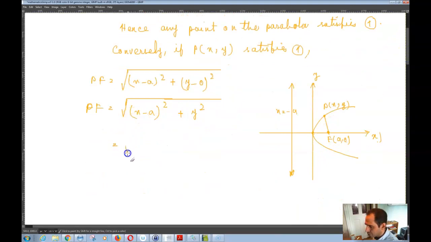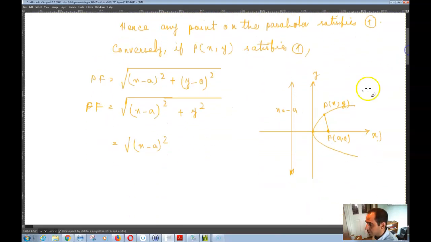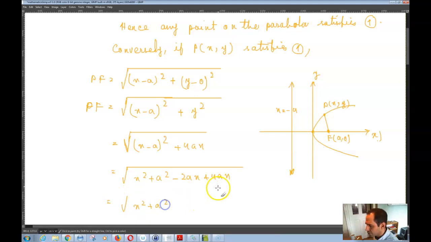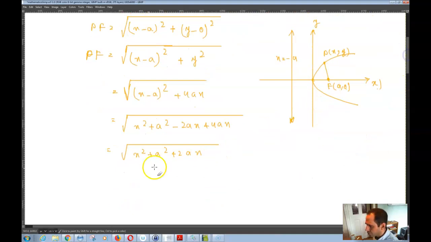So I can write the square root of x minus a whole squared plus 4ax, and that is equal to the square root of x squared plus a squared minus 2ax plus 4ax, and that is equal to the square root of x squared plus a squared plus 2ax, and that is equal to the square root of x plus a whole squared. That is equal to x plus a.